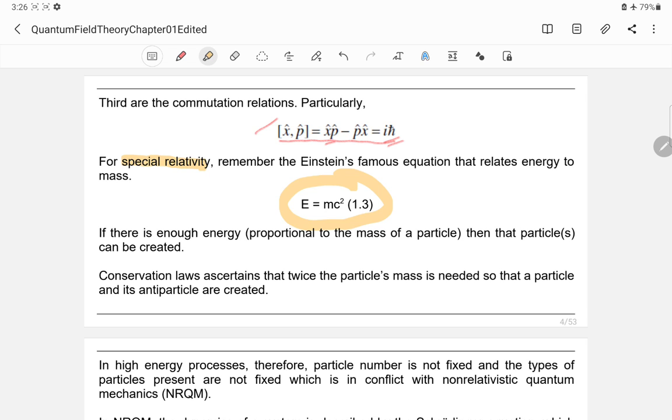This asserts that if there's enough energy, which is proportional to the mass of the particle, then the particle or particles can be created. And conservation laws state that twice the particle's mass is needed so that a particle and its antiparticle are created.